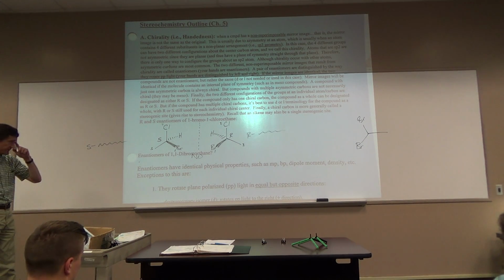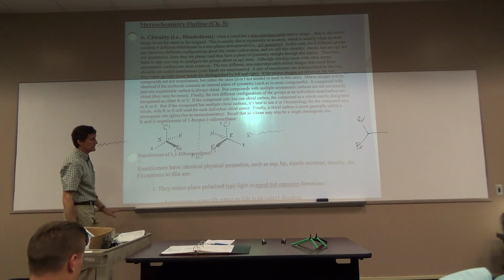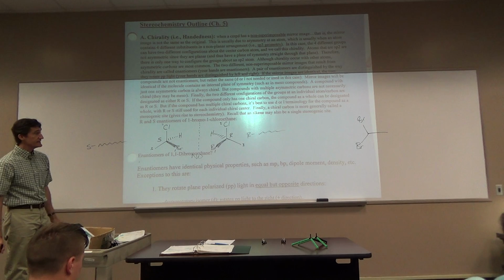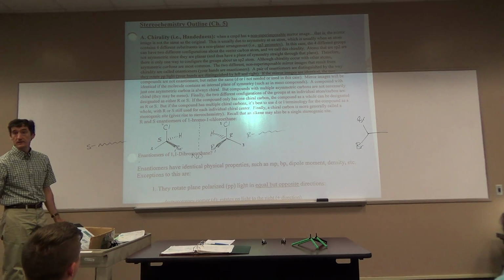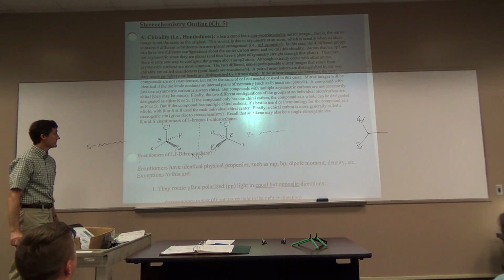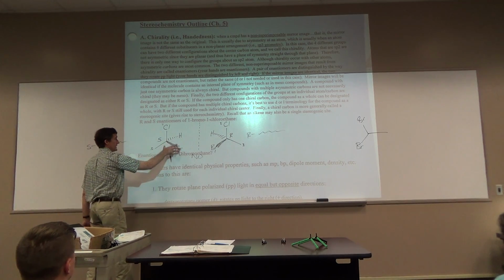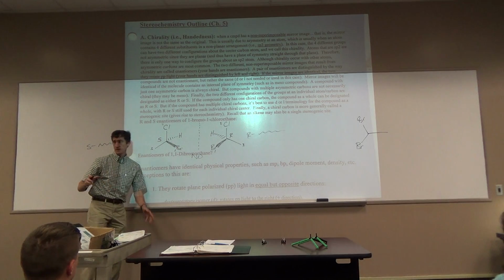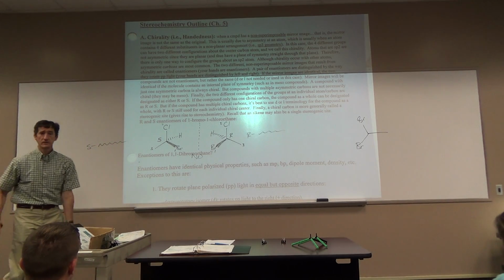Enantiomers have identical physical properties, such as melting point, boiling point, dipole moment, density, etc. The directional dipole of this is going to be a mirror image of that dipole. It's going to be the same magnitude.